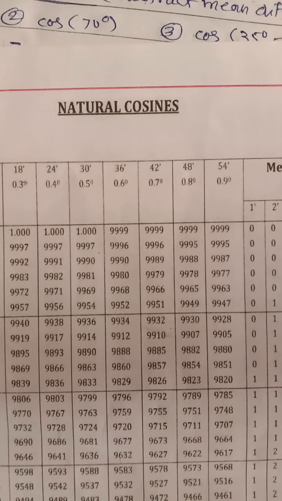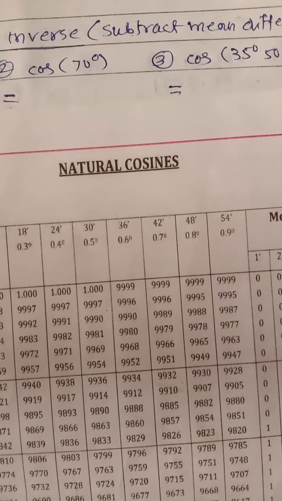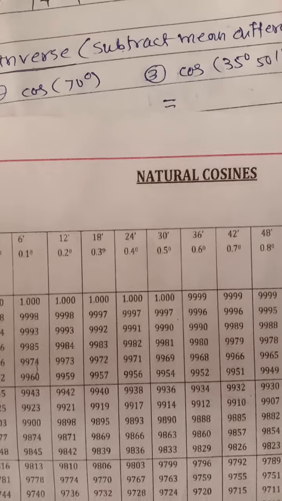Now in this case, cos 0 will be equal to 1 and for 90 degrees it will be 0.